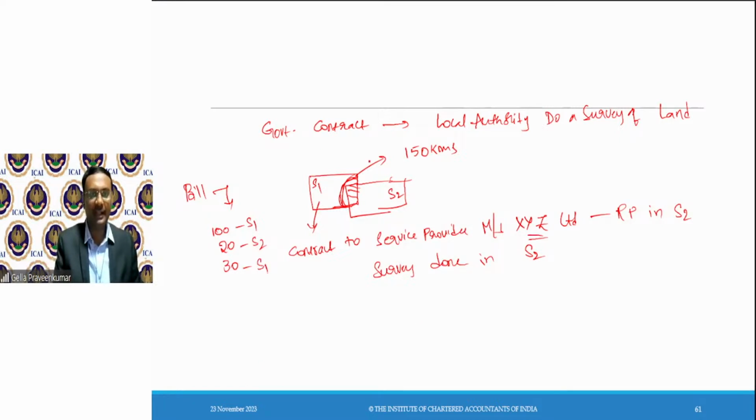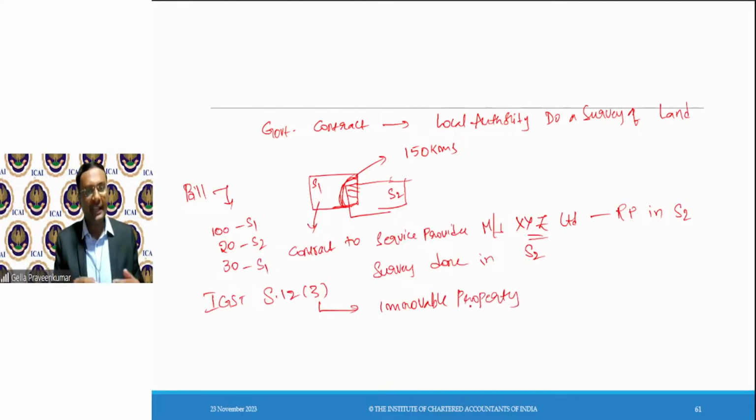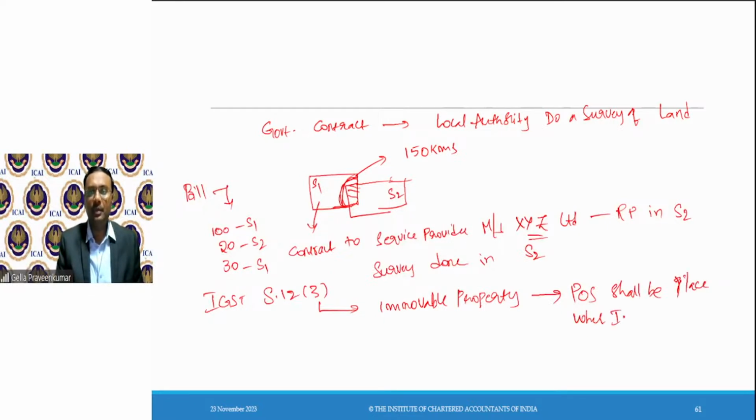Now, when I talk about this particular activity, remember the provisions of IGST, section 12, subsection 3, which talks about immovable property, where the provision says that for any activity done in relation to repair, maintenance, construction, contract, design, etc. in relation to immovable property, my place of supply shall be the place where the immovable property is located.